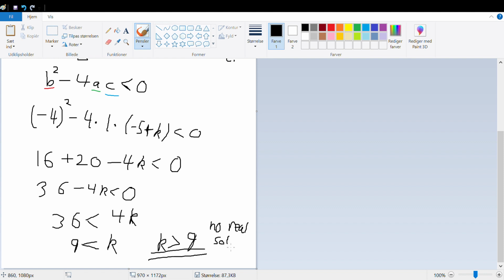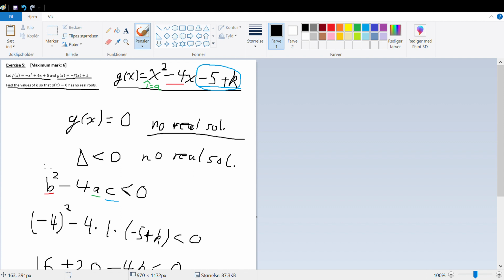So now for the testing part. If you don't believe me, or if you don't believe this answer, you just have to think about the problem a little bit. I want to convince you that you can think your way out of this problem. So, okay, what kind of shape do we have here? We've got x squared. If a is something positive, remember the shape of the graph looks like this.